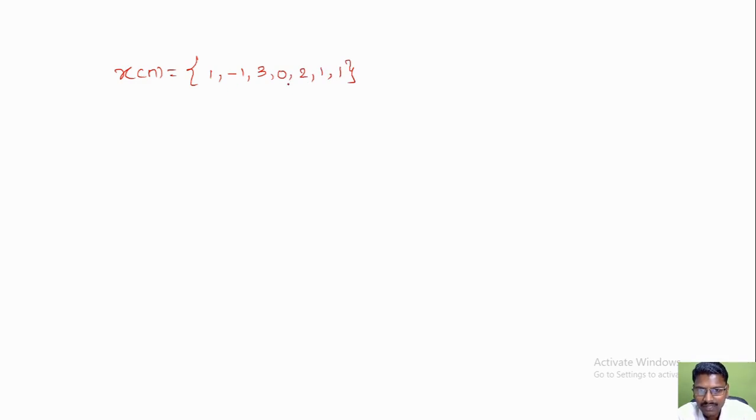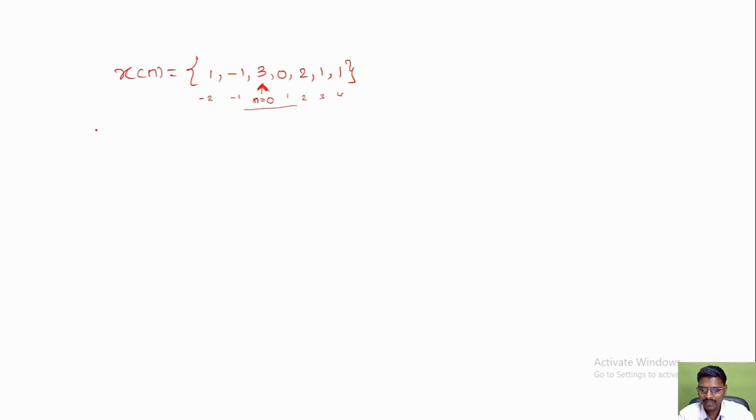My sample starts at this position, which means n is equal to 0. So this is the 0th sample amplitude. The signal will start from n is equal to -2, -1, then 1, 2, 3, 4. These are the discrete sample values.